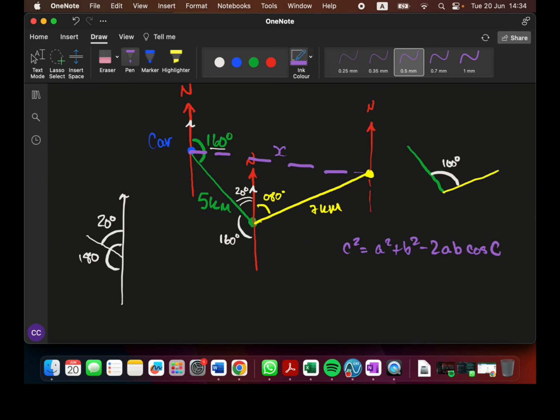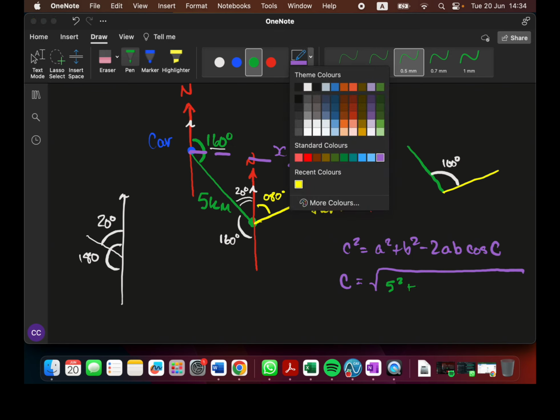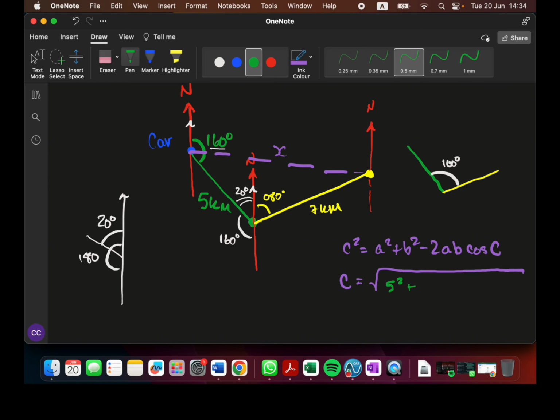So now I'm just going to substitute and plug and chug. If I make my substitutions, I'm going to say 5 squared plus 7 squared minus 2 times 5 times 7 times the cosine of 100 degrees.